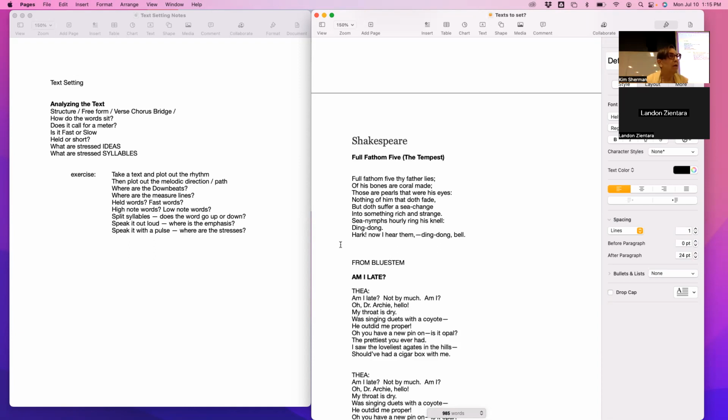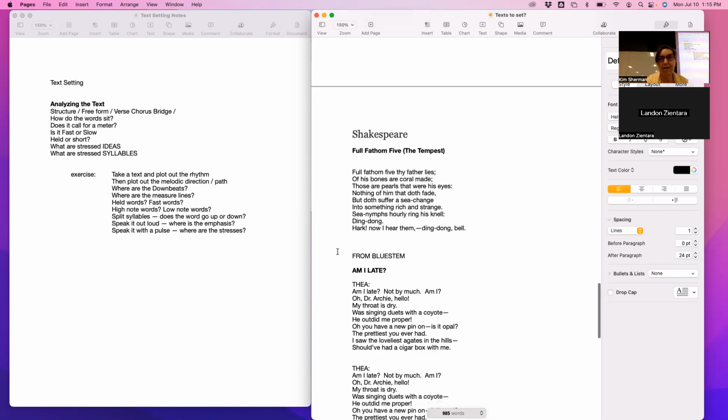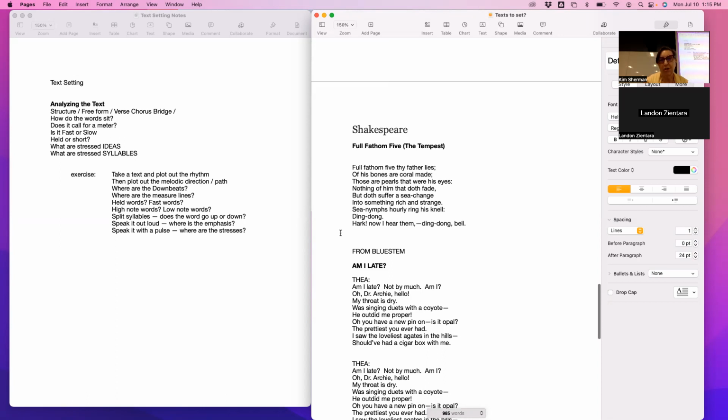Of his bones are coral made. So he's turned into coral. Those are pearls that were his eyes. Nothing of him that doth fade. It's about transformation, but doth suffer a sea change into something rich and strange.